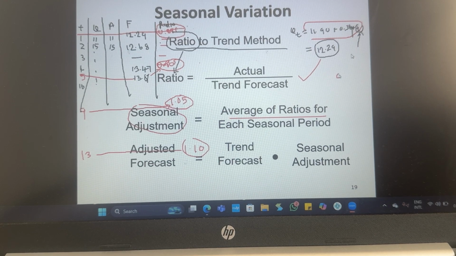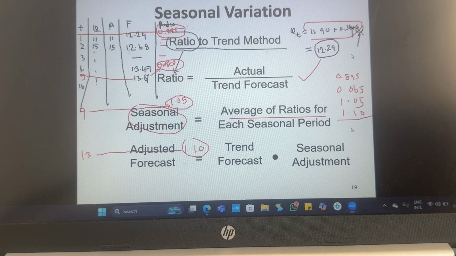To get the average, you add all these first quarter ratios together: 0.895, 0.865, then 1.05, 1.10. Add all these together, and divide it by 4. This is called seasonal adjustment. So can you get this number? Seasonal adjustment.